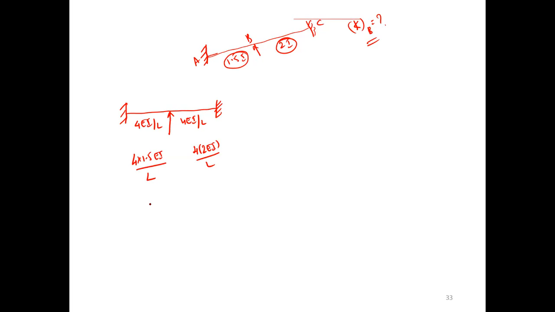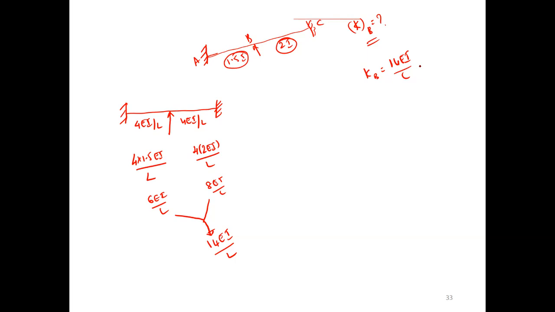So 6EI by L. This is 8EI by L. What is the summation? 14EI by L. So KB equals 14EI by L. They may ask in MCQ and give different answers: 7EI by L, 8EI by L, 14EI by L, 6EI by L. You have to pick the correct one. These are the things you are expected to do.